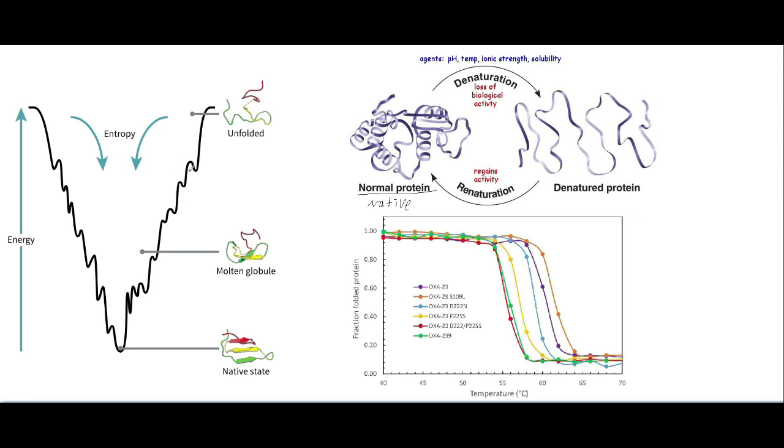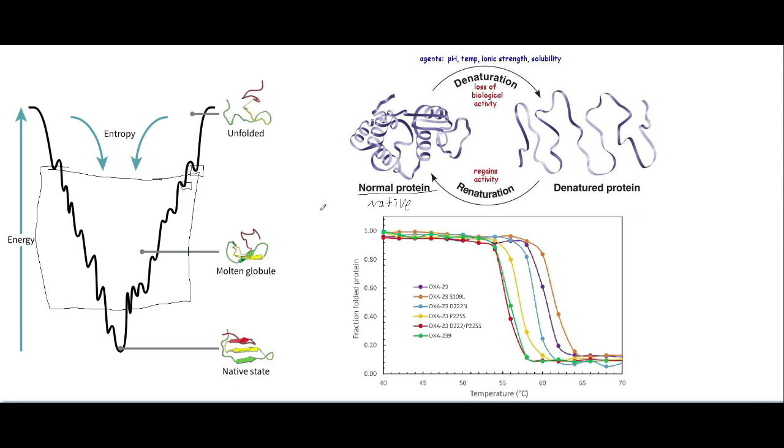Something I forgot to mention: this shows these little local minima, which would be the steps taken to go down this. The protein will get slightly folded here, and then more folded. It shows the molten globule here, but the molten globule will be in this whole area, and it won't be till it gets to this global minimum here that we're in our native state.